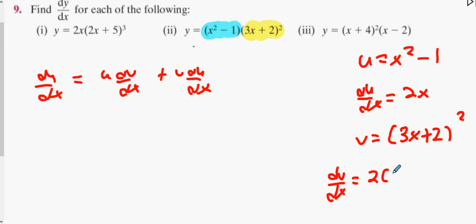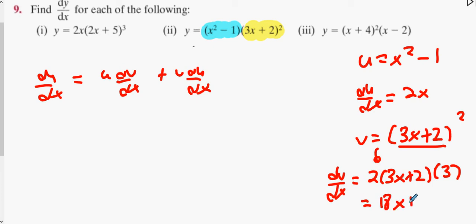And then we take 1 away from the power. So it's 3x plus 2 to the power of 1. The power of 1 doesn't necessarily have to be there. And what do we do with the missing part? The missing 3x plus 2. Differentiate it and we get 3. And then when we multiply this out, 2 times 3 is 6. It's 18x plus 12.